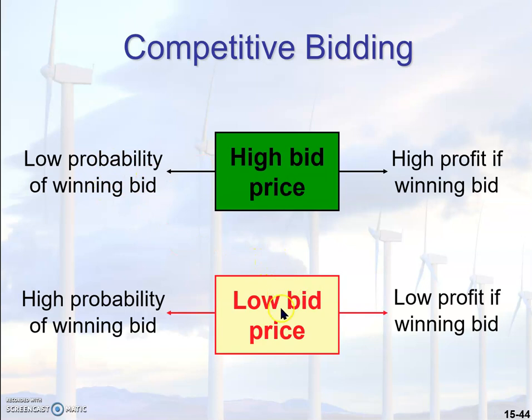But if they tender a low bid price, it will result in a low profit if they win the bid. But when they set a low bid price, there is a high probability of winning the bid. So it depends on whether they are risk takers or risk averse.